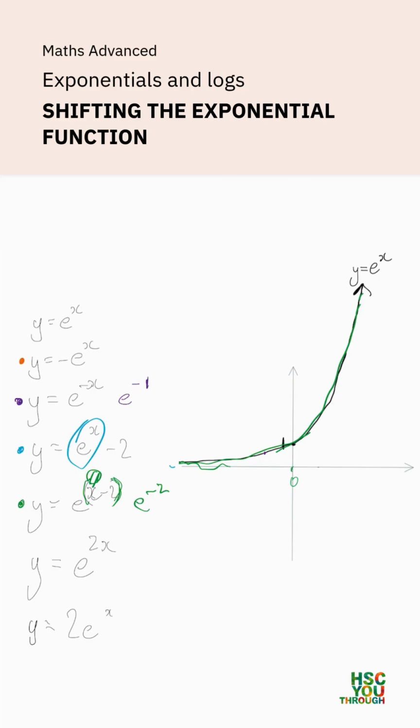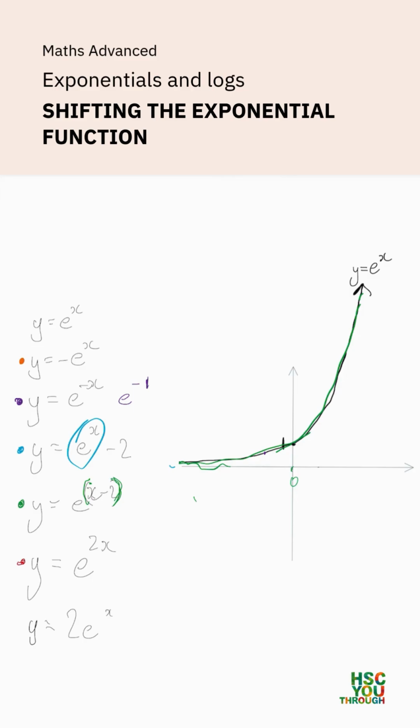So that's why this is a rightward shift. So instead of going through the point 0, 1, it's now going to go through the point 2, 1 here. So it's a rightward shift everywhere. Counterintuitive. Minus 2, but actually going to the right.